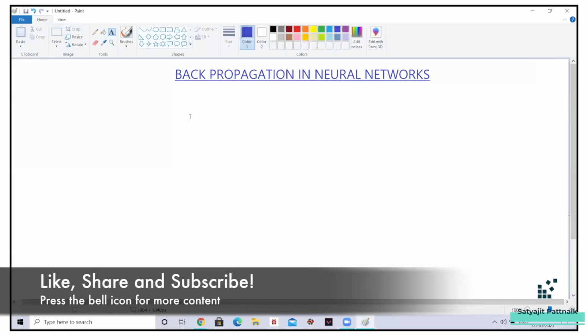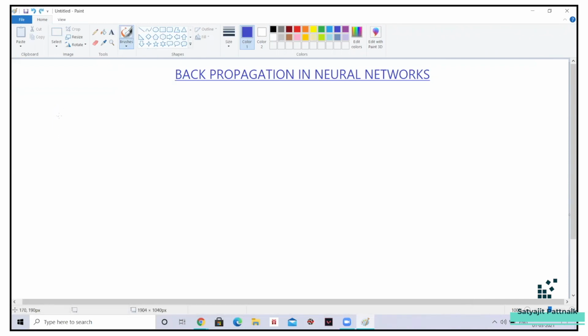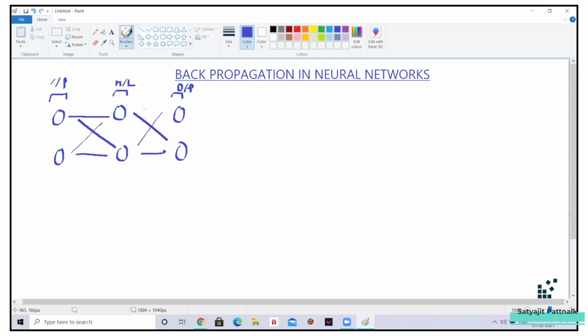Now, before moving ahead, a brief introduction about forward pass so that we understand the concepts. Let's say I define my input layer, hidden layer and output layer, something like this. All the neurons are connected with each other. This is my X1, this is my X2.